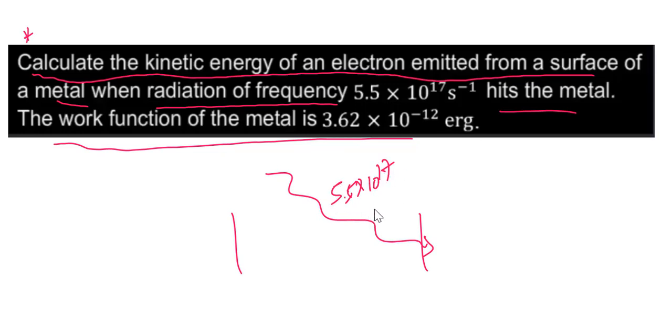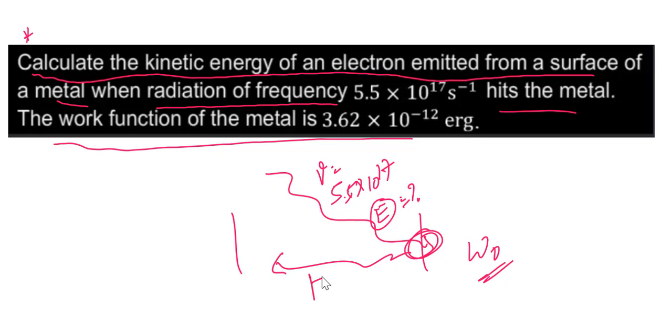Just convert it into E. So nu is given, so E you calculate first. The work function W naught is already given. Then you have to calculate this KE. E equals W naught plus KE. W naught is already given, KE you will calculate. So the E value you will get from here. Step 1, first you calculate E, then KE in step 2.